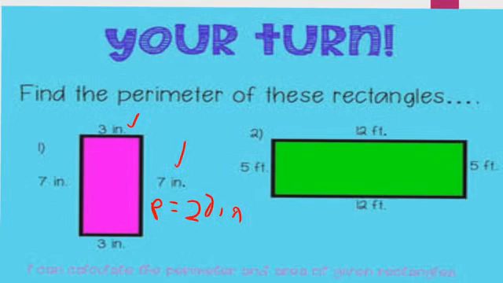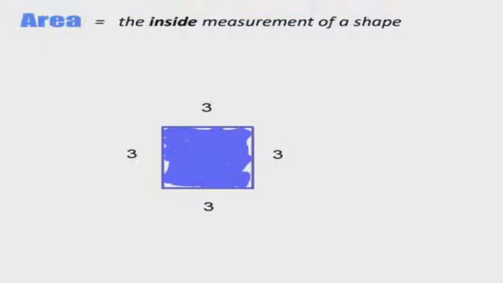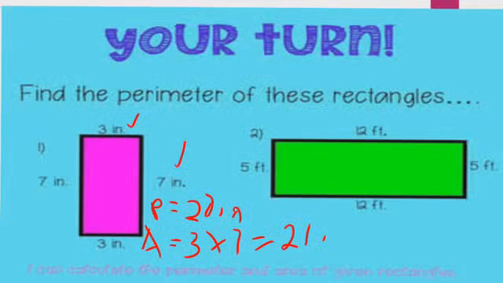So by multiplying, we get our area. Area is 3 times 7, which gives us 21 square inches. So I would like you to try the other rectangle and find the perimeter and the area of this shape.